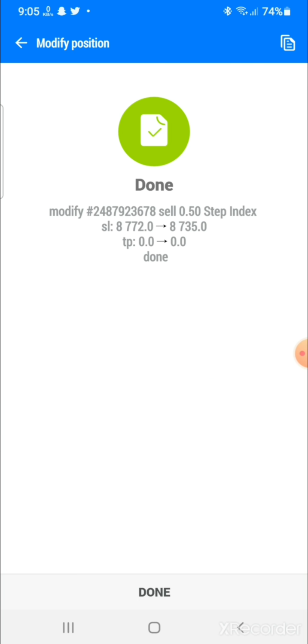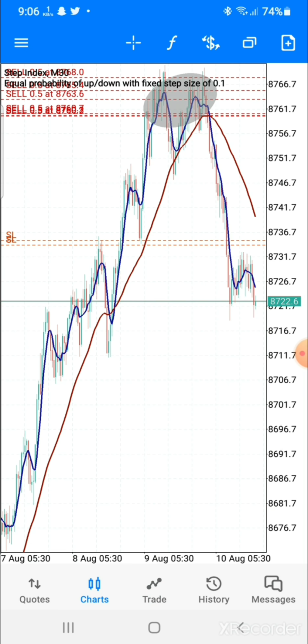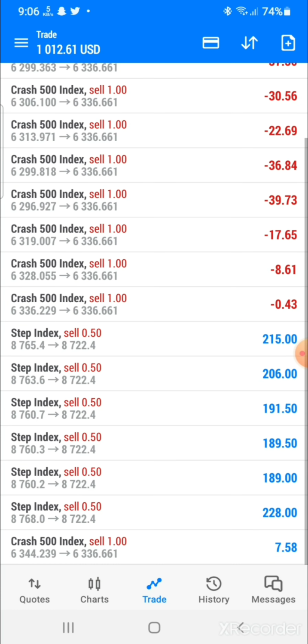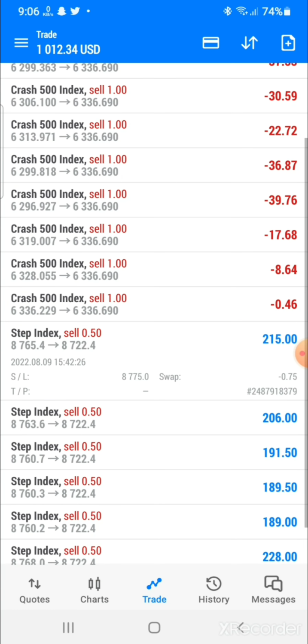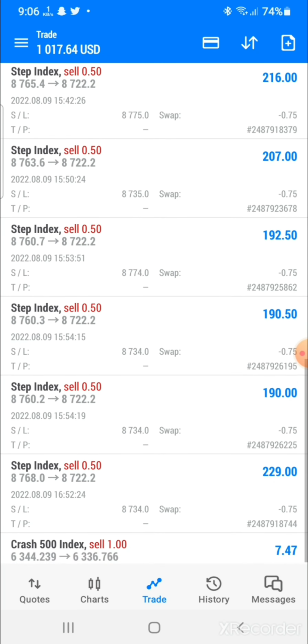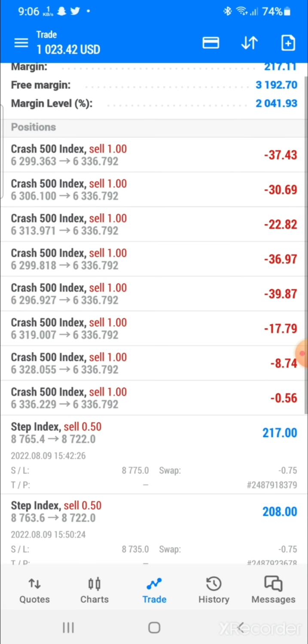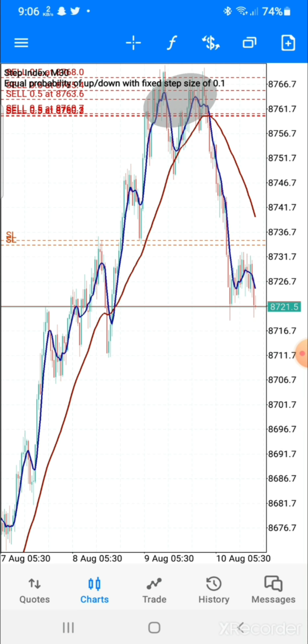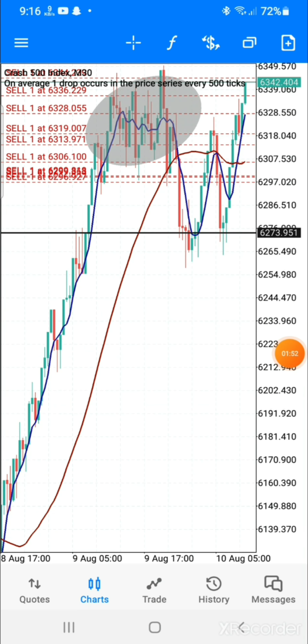That's exactly what I'm doing on my account right now on all positions, because I know for sure that if the market breaks that and hits my stop loss, it's going to go back up, possibly to my entry point. I really like these dollars on my screen right now, so I want to secure them, and that's what I've done. And we all know for sure if it breaks the consolidation as well, we end up in more profit. And on the Crash 500 side, this one is a dramatic one.